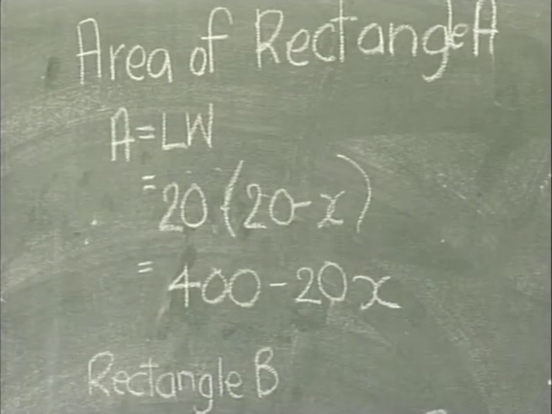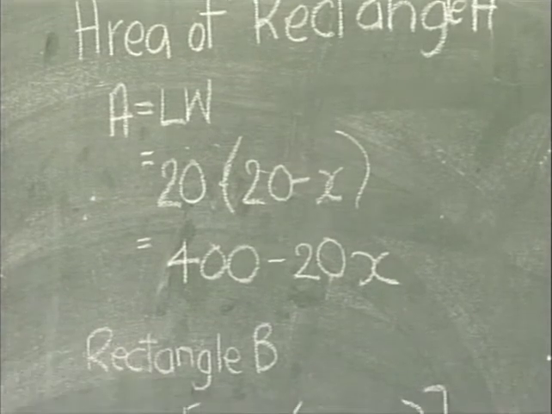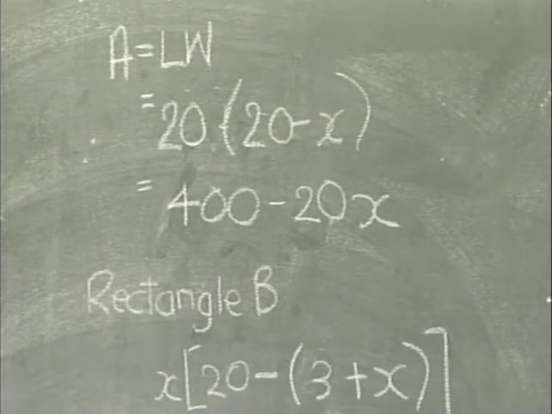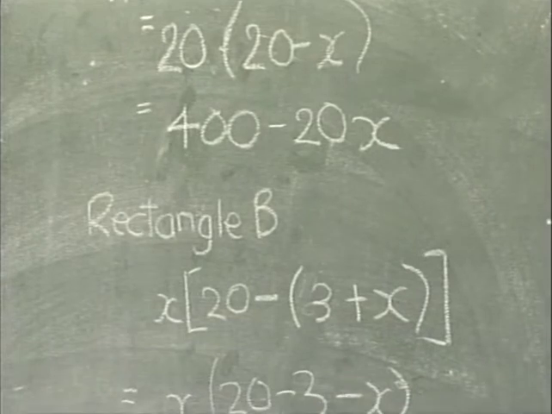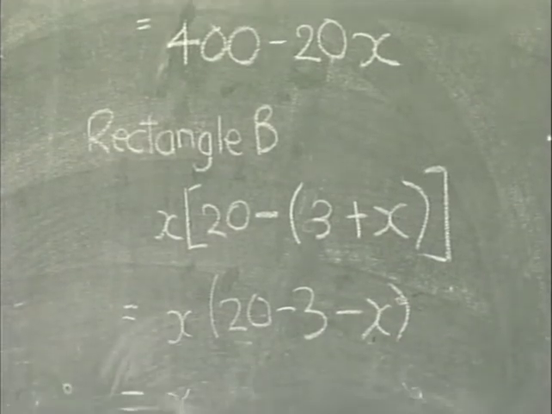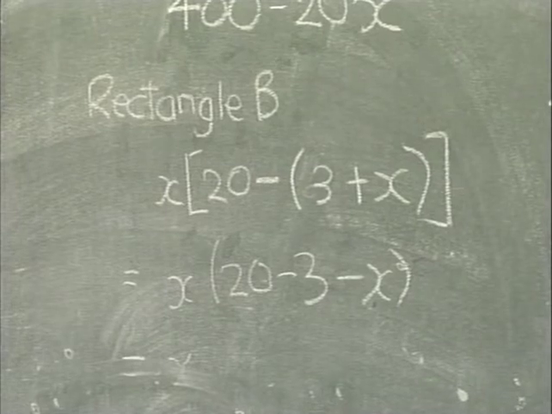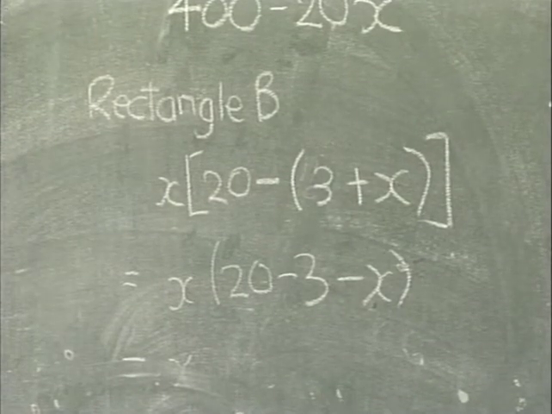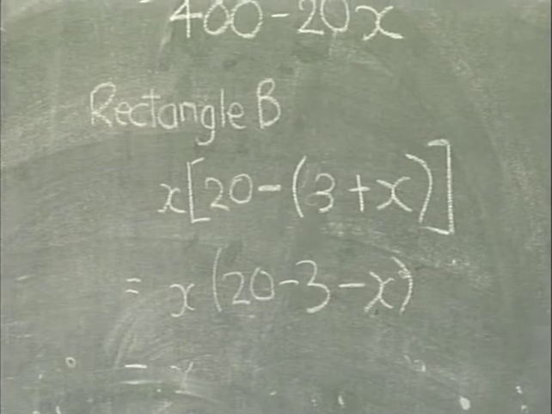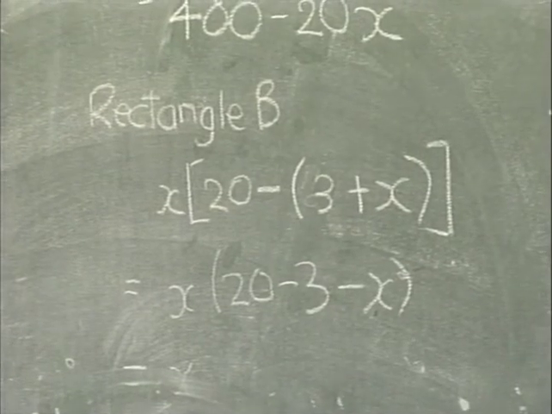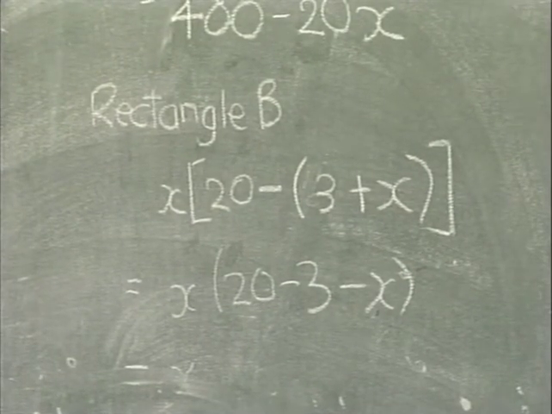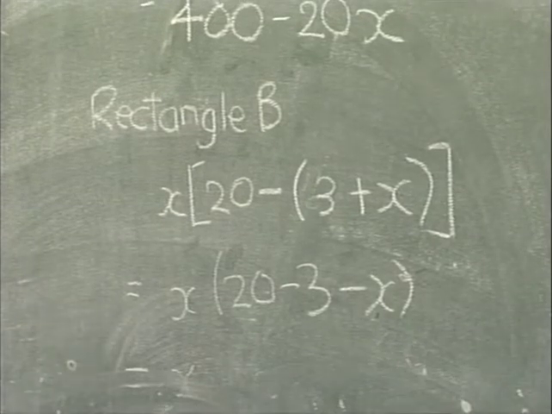The area expression for rectangle B was, they gave the length, which is x. The width, they didn't give, so since this side here is equal to this side, so this is x here. 3 plus x, we got it from here, and then we minus that from 20, which is the total length of the whole rectangle.